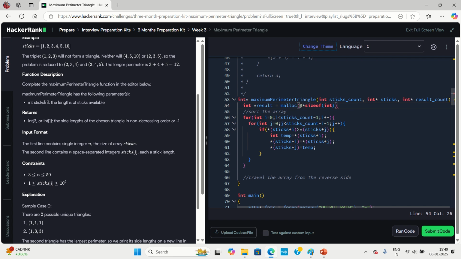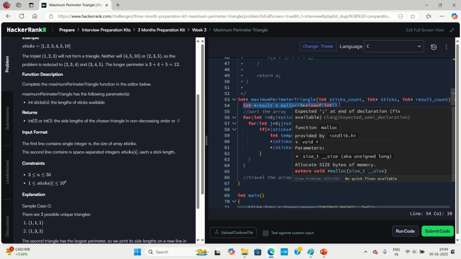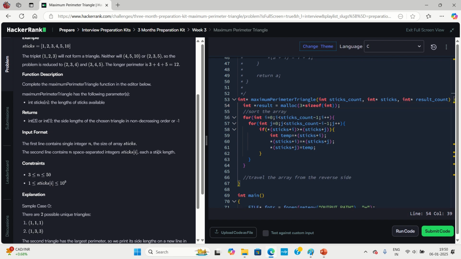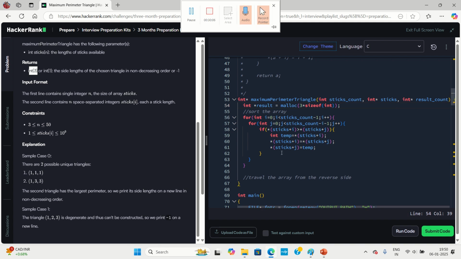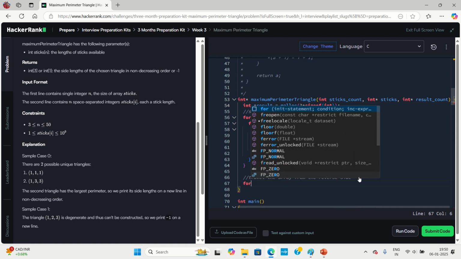Here we are allocating the size, and we need to return the result in the form of an array, the triplets, because they are asking to return an int array of size 3. Fine. So first let us travel the sticks array from the reverse side.